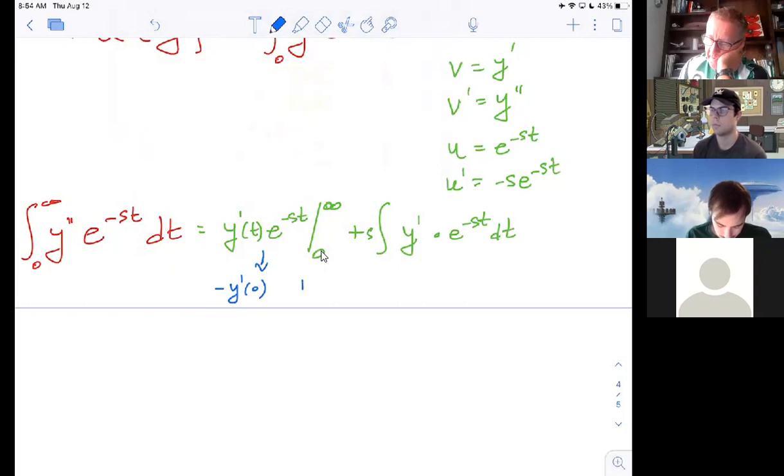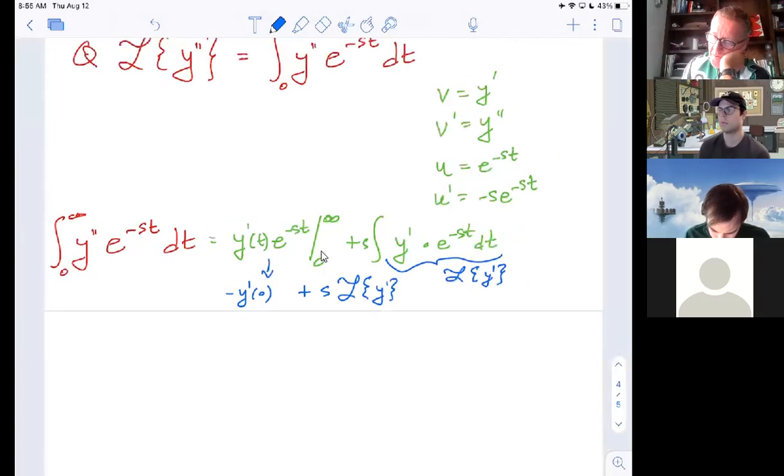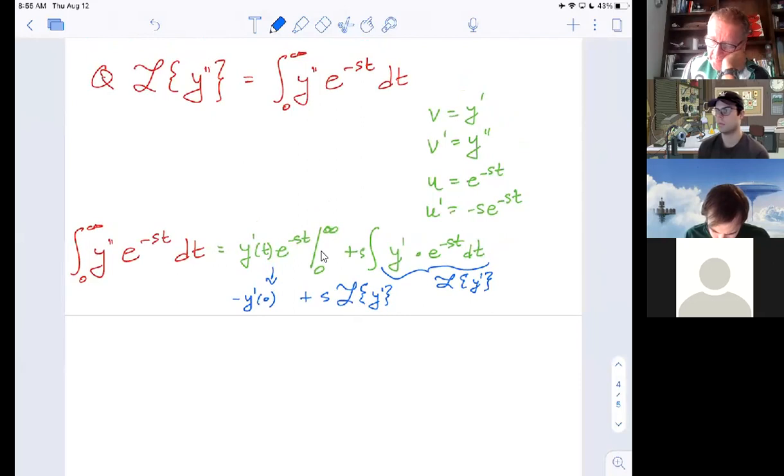And then over here, isn't this just the Laplace transform of y prime, which we just figured out a second ago, by the way. So it's plus s times the Laplace transform of y prime, but we know what that is.